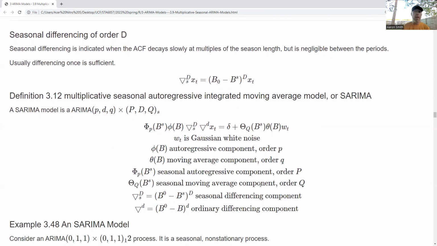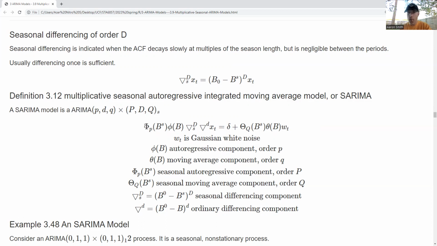All right, so now here is the big equation for the multiplicative seasonal autoregressive integrated moving average model, or SARIMA. A SARIMA model, we'll write that as ARIMA(p,d,q) cross (P,D,Q), all caps, with the season as a subscript.